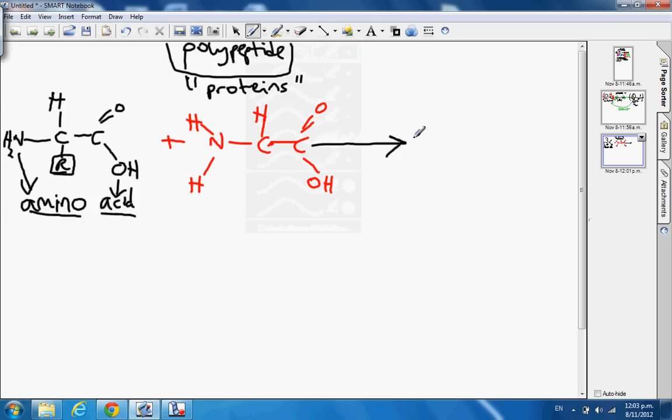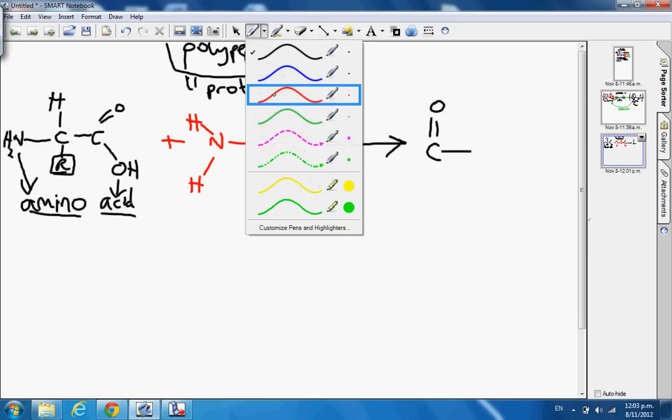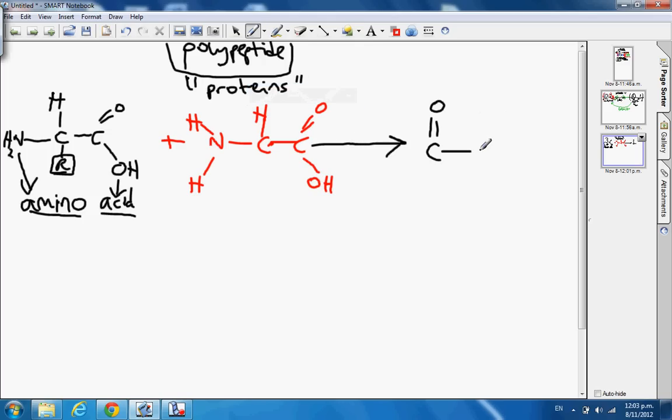So for the polypeptide, again a condensation polymerization, we're going to get a carbon double bonded to an oxygen. Then the nitrogen from the second amino acid is going to come joined on here. Then you'll have the remainder of its molecule, carbon, hydrogen, etc., and it will continue on that way.